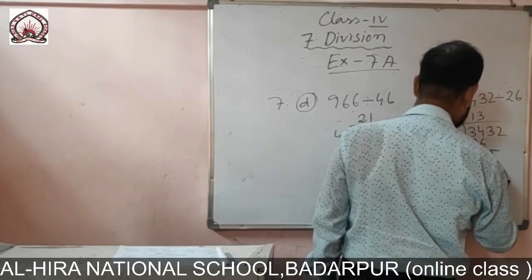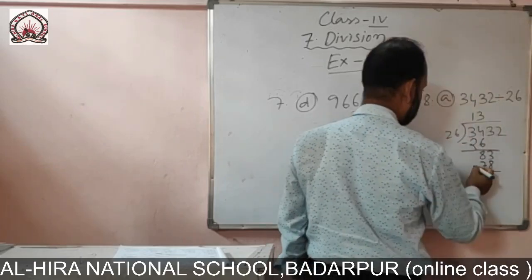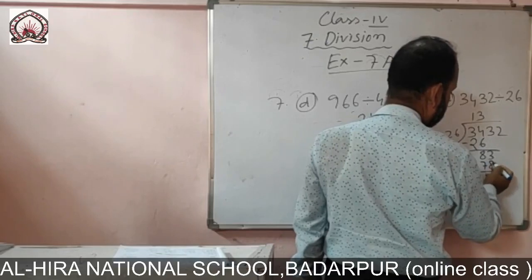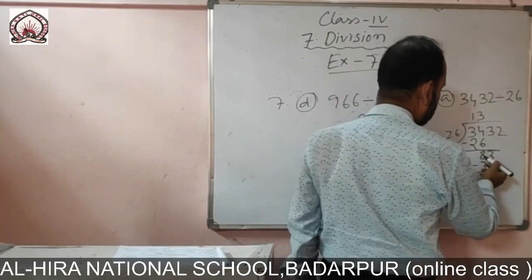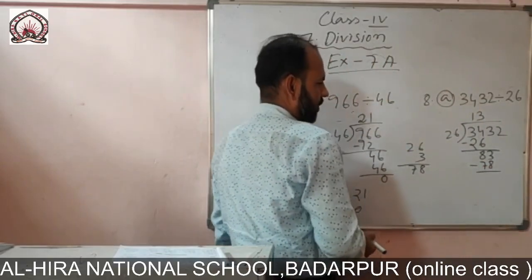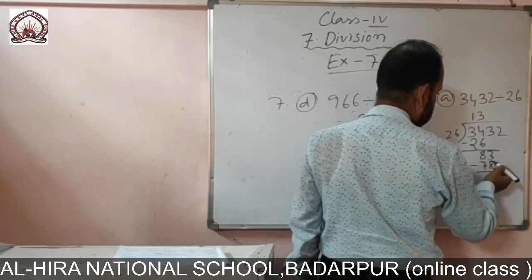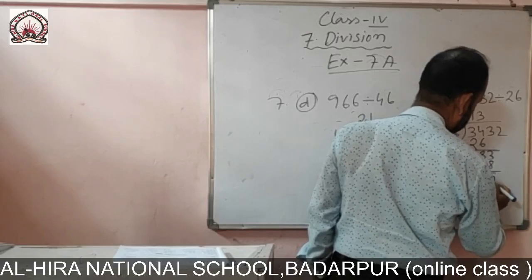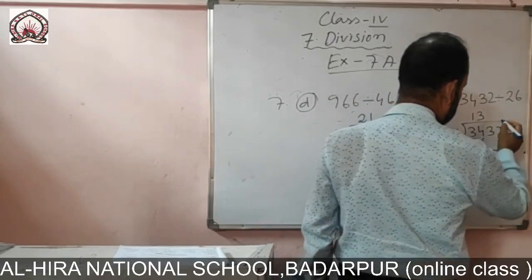We do minus, then 3 minus 8 cannot, then borrow 1 from 8, then there is 13. 13 minus 8 is equal to 5. Now we take down 2, 52.